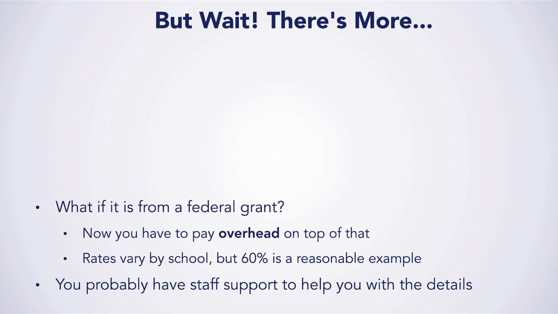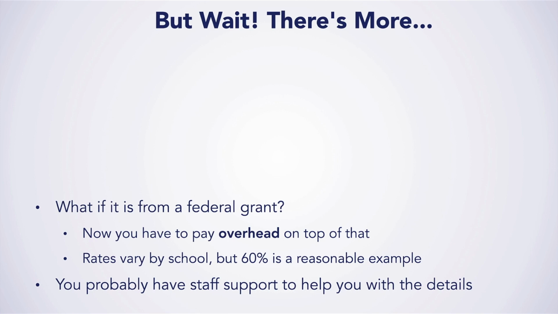Now, what if this comes from a federal grant? Well, now you have a thing called overhead on top of that. Overhead, or indirect costs, are how your university pays costs that are associated with the research, but that can't be directly charged to the grant. So for example, if you have staff that manages the finances of grants, it's really hard to say, okay, this person spent this hour on this grant and this hour on this grant, so instead they're part of the indirect costs.